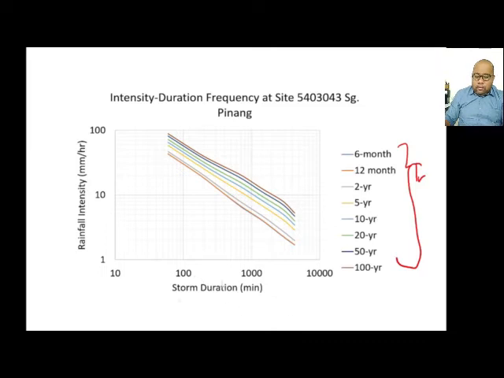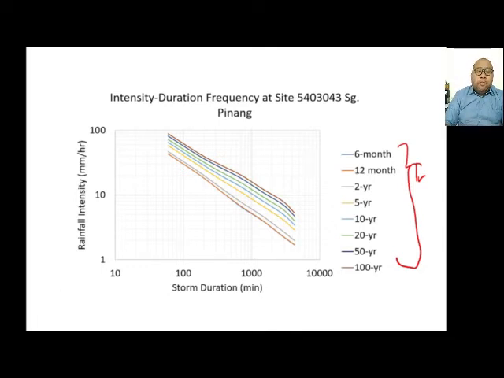Then you have the storm durations, 1 hour, 3 hours, and so on, on the x-axis. You get an almost straight line if you plot it on a log graph. Okay, I think that's how we derive the IDF curve.